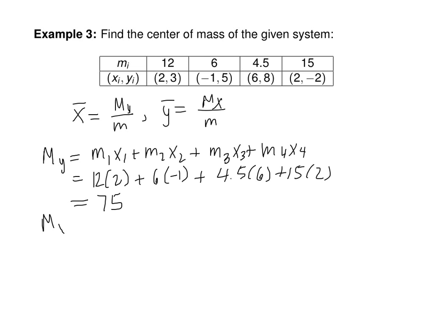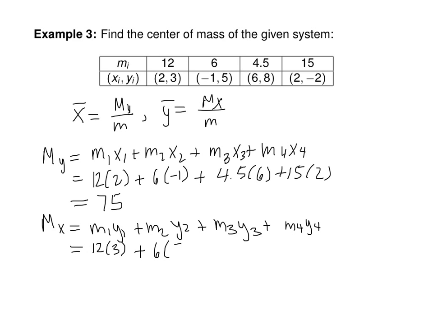And Mx is equal to m1y1 plus m2y2 plus m3y3 plus m4y4, which is found by computing 12 times 3 plus 6 times 5 plus 4.5 times 8 plus 15 times -2. And that all adds up to 72.